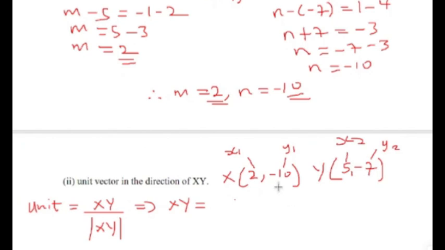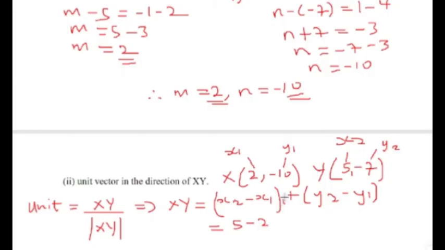Okay, now so I'm going to have x2 minus x1, plus y2 minus y1. So it's going to give us 5 minus 2.